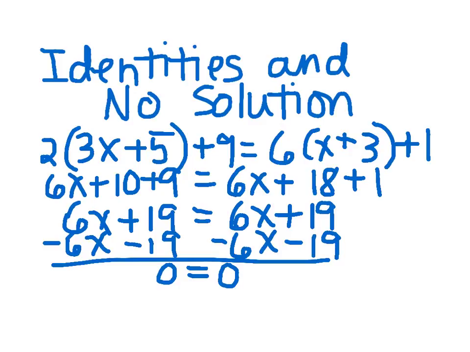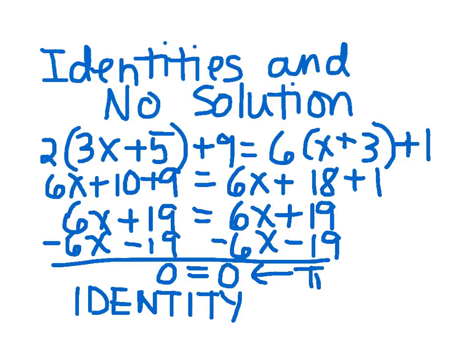Both sides of the equal sign have identical terms. It is called an identity. When all of the variables cancel out, identity. The variables cancel out, and I'm left with a true numerical statement.